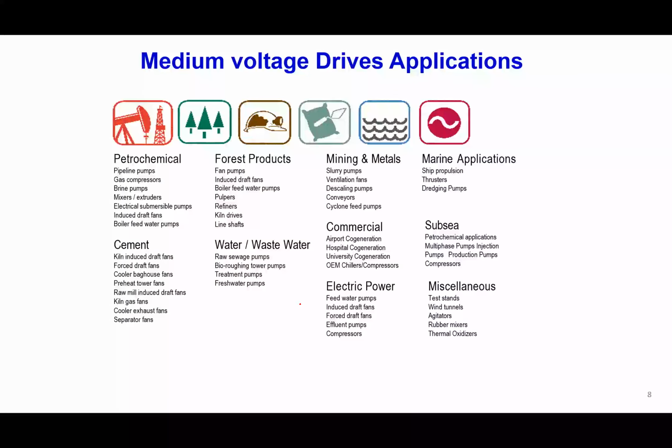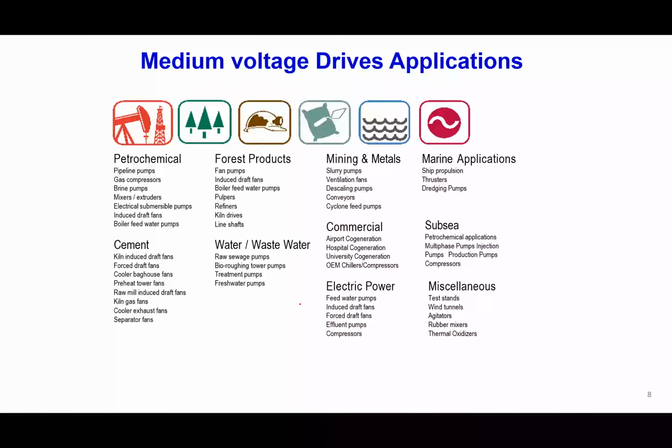Then even for producing the cement, we have to have the motors driving the kiln. Then in addition, we need to have forced draft fans and preheat tower fans and many other equipment. They have to be driven by the motors.